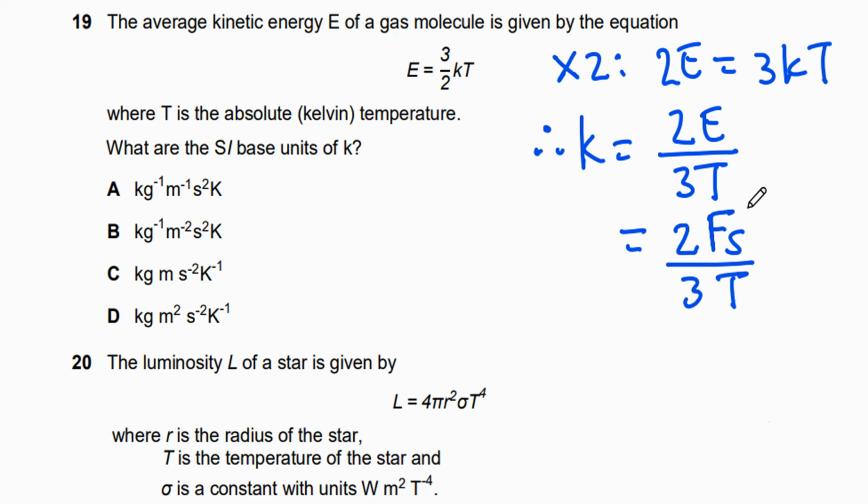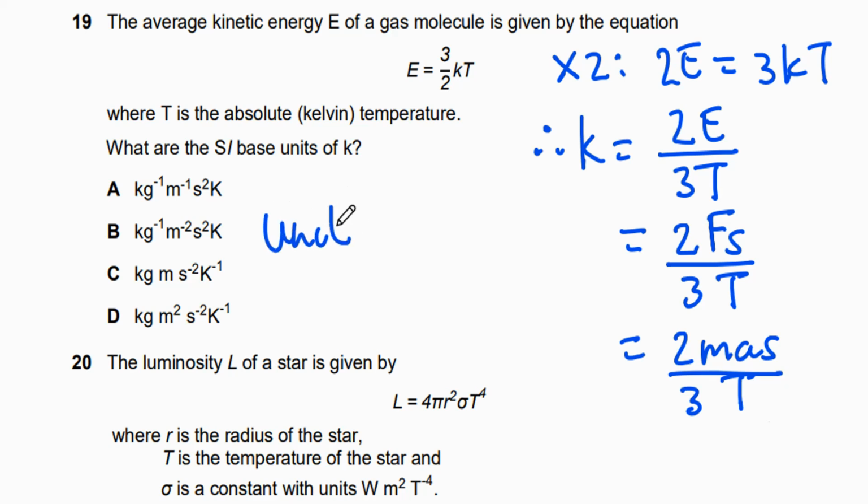Now we can bring in the SI base units. Actually, before we do that, we can rewrite force as MA. And now we can bring in the units, or SI base units. We can ignore the 2 and the 3 because they are constants without any units.